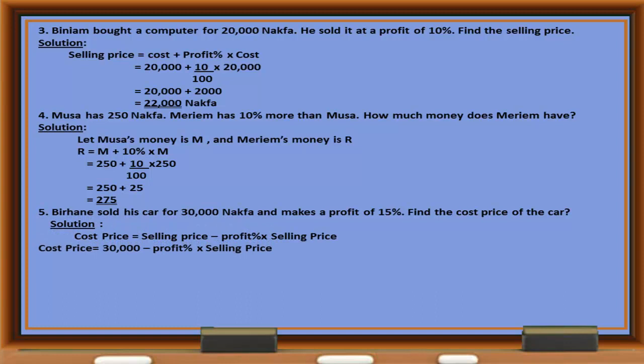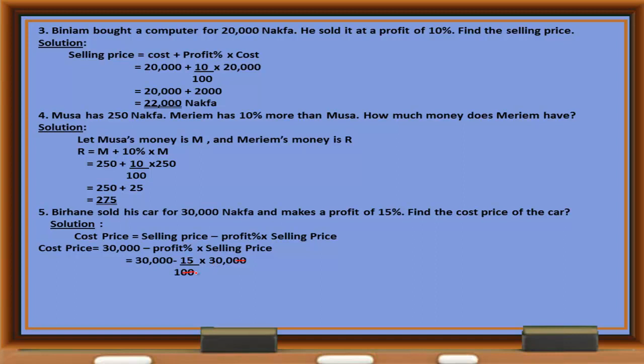Cost price is equal to selling price, which was 30,000, minus 15 over 100 times 30,000. These two zeros will be cancelled with these two zeros.